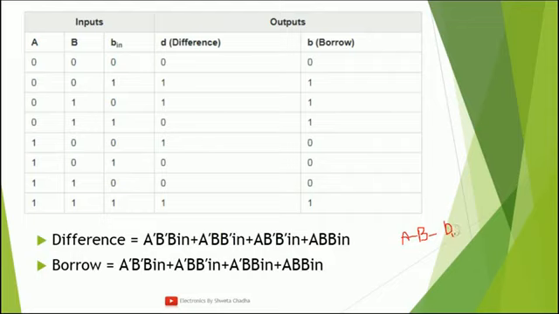This is the actual action that we want to perform in the full subtractor. We actually want to perform A minus B where a borrow has already been subtracted. On the other hand, I can rewrite the same statement as A minus, let us take minus common, (B plus B in).